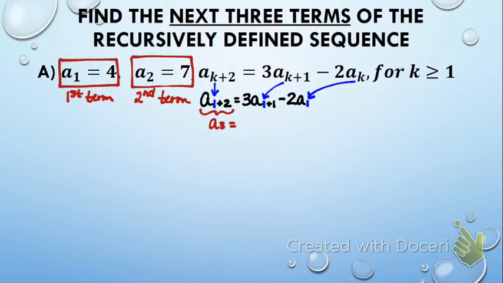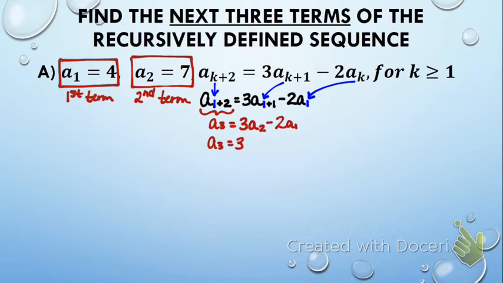So the third one in this sequence, I'm going to do 3 times which term? Right here. What is 1 plus 1? Yep, 3 times the second term minus 2 times which term? First term. So let's substitute in.